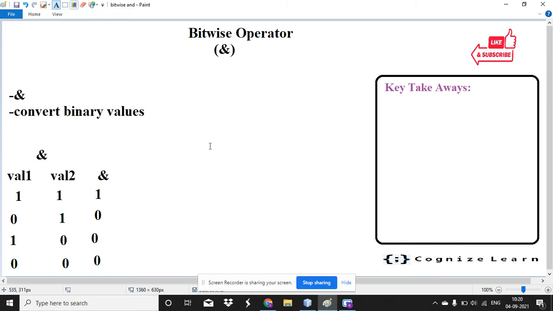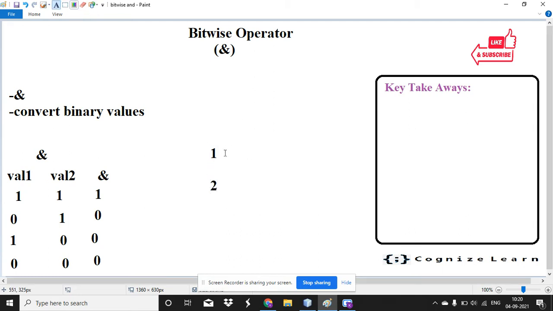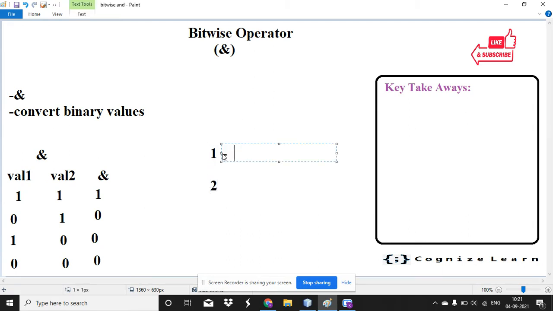And now I'm going to consider two values. For example, I'm considering 1 and 2 for calculation. First, you have to convert these into binary values. I'm going to consider 4 bits for representation, but actually it will be considered as 8 or 16 bits. So what is the binary value for 1?